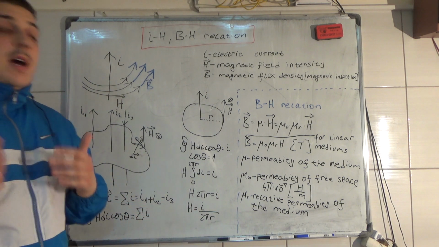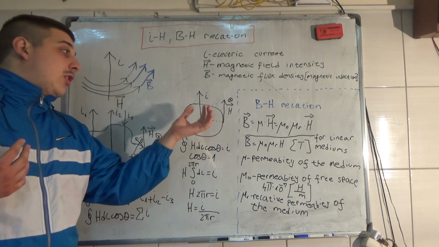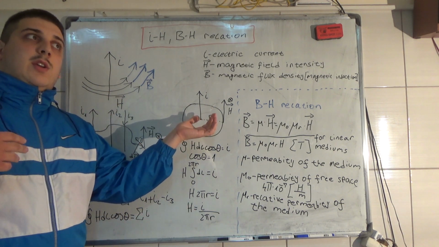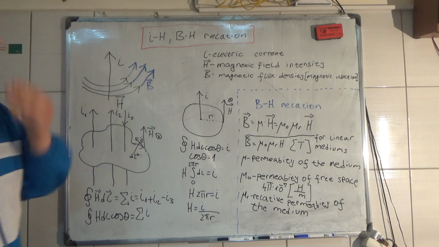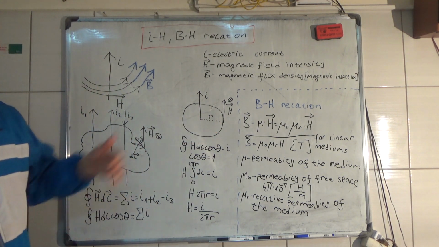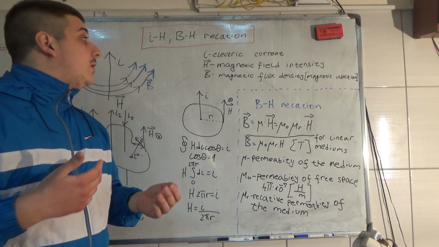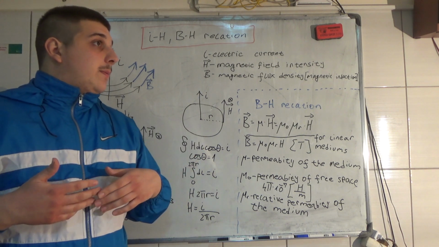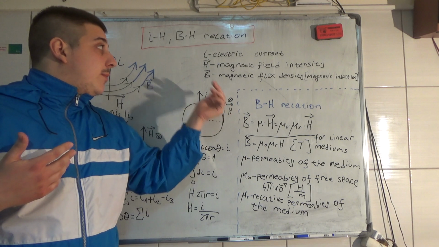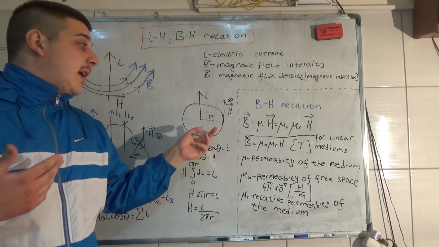So this is a situation when we have a closed loop in the shape of a circle. So that's how we calculate the magnetic field intensity when we have a circle.